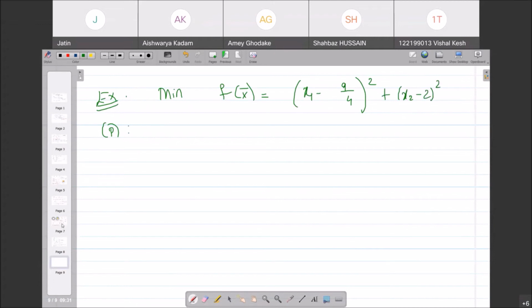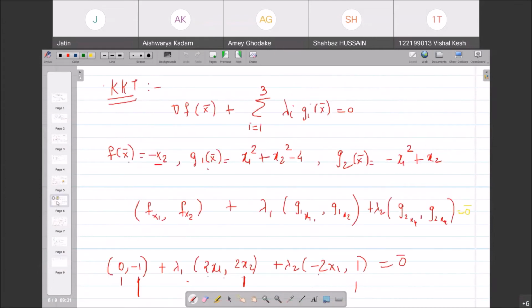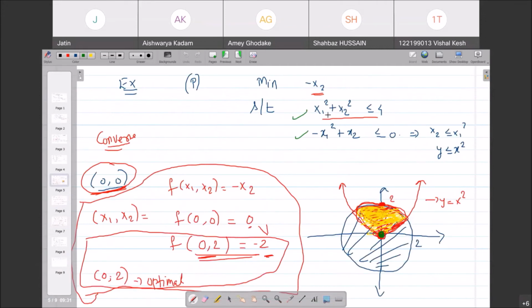Is this a convex programming problem? I will say something is convex if f and gi's are convex functions. Is my f a convex function? Yes, because it's linear, right? So it's linear, therefore it's a convex function. Is my g1 a convex function?